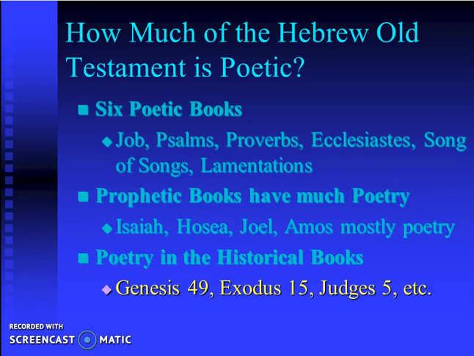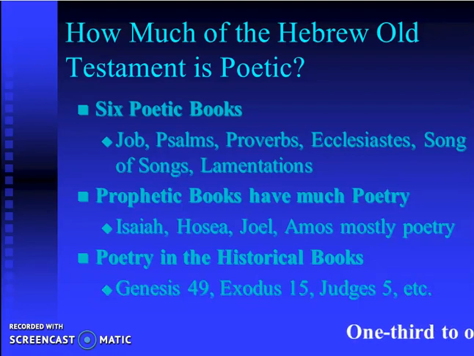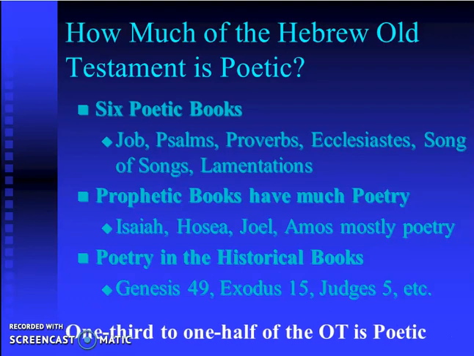So even in the more prose section of the Bible, you get a lot of poetry here and there, but particularly the poetic books and the prophetic books will have even more. In fact, they estimate somewhere between 1/3 and 1/2 of the Old Testament is written in poetry.